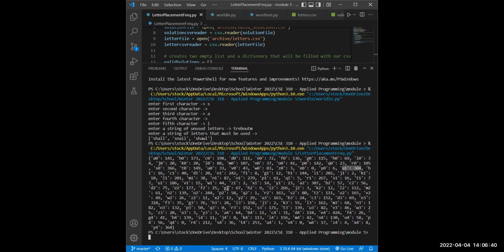And then we have R as the third letter. Yeah, so there's 163, and then E as the fourth letter right here, so 318, and then obviously S at the end, which, where is S? 36.